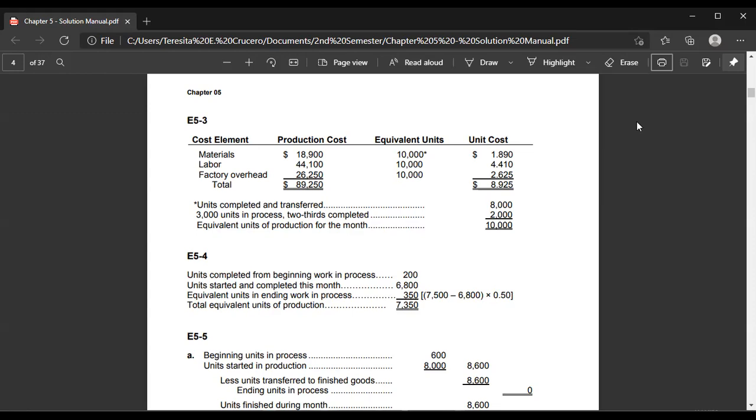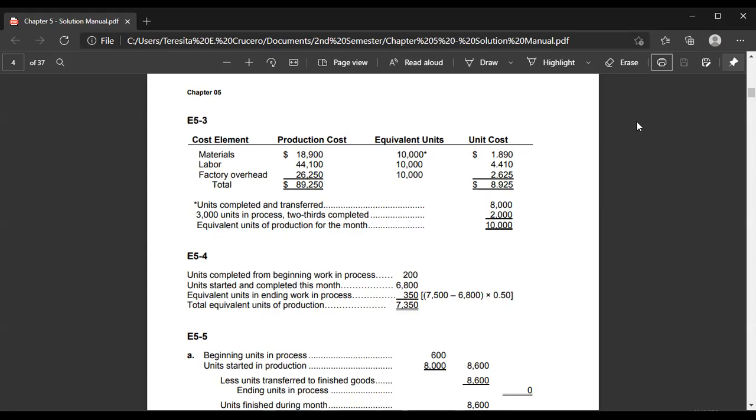So what you will do is, first you have to determine the units to be accounted for. And normally, the units to be accounted for is the sum of the beginning inventory and the units just started. So compute first. Beginning inventory, 200.